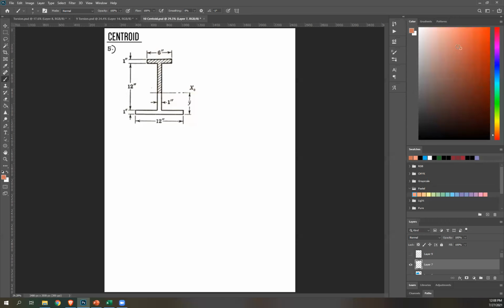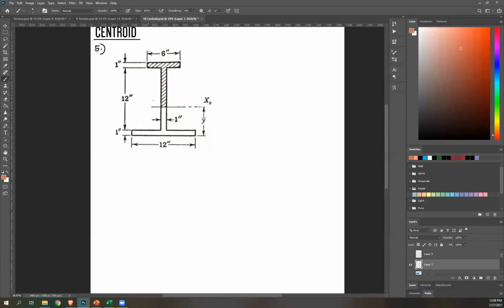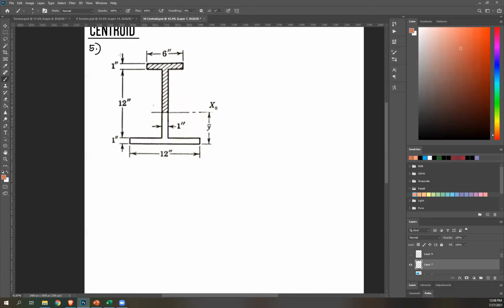Okay. So I'll call this my area 1. So let me just zoom in. So this will be my area 1. There. Okay. And then let's choose an area 2. Here.